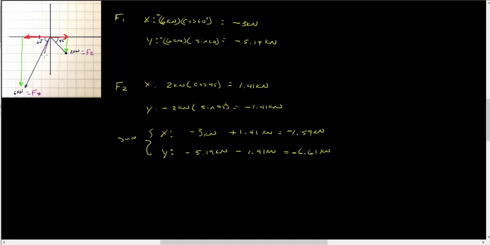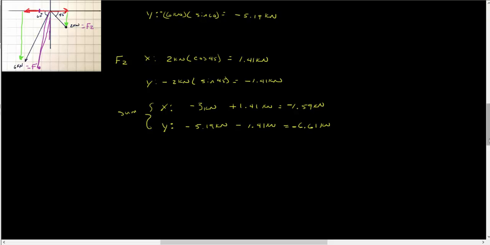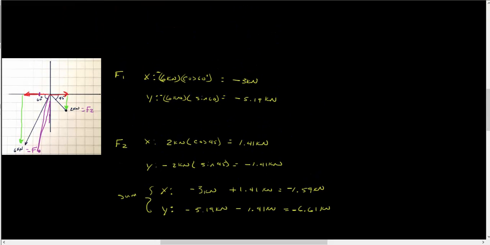And I'm going to draw my force resultant. Kind of look familiar from the way we did it on the law of cosines. So I can just draw my triangle and say this distance was 1.59 and this distance was 6.61.